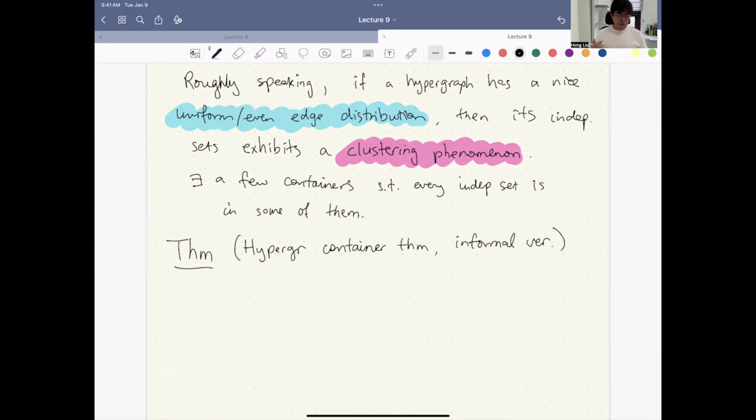Informally, well, we have a uniform hypergraph, some uniformity k, say a k-uniform hypergraph, where edges are nicely, evenly distributed.